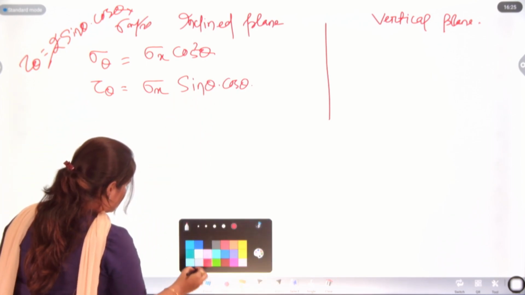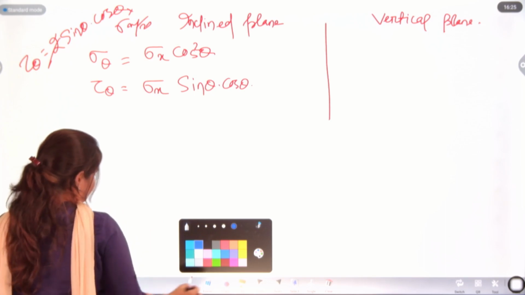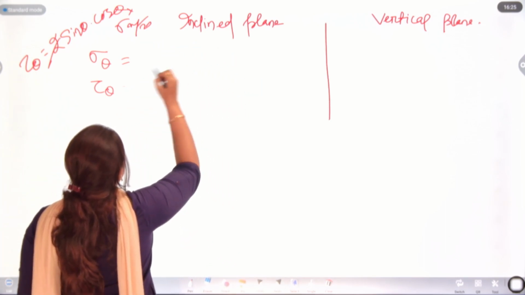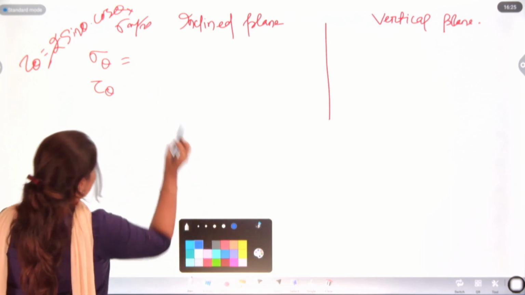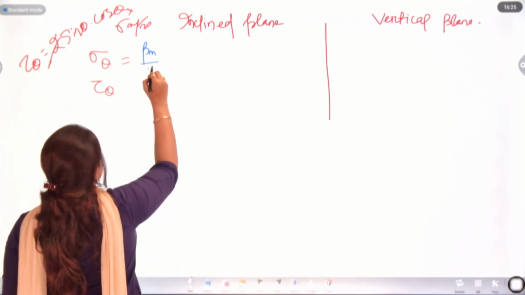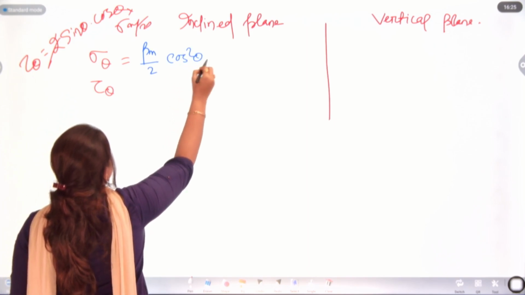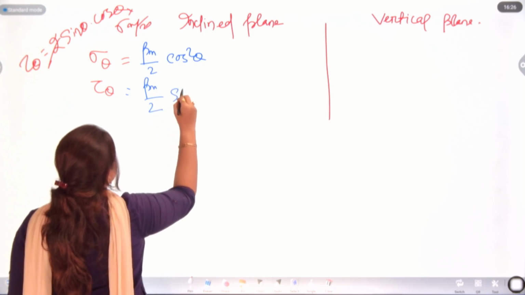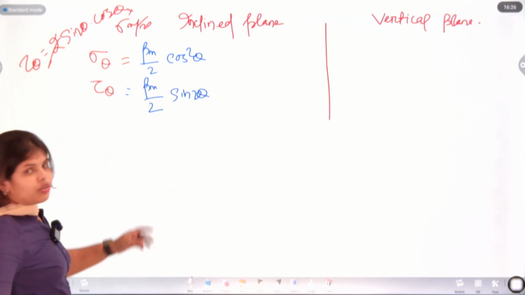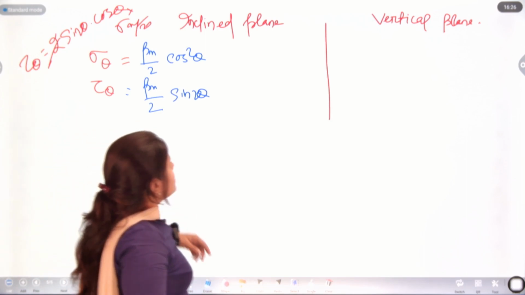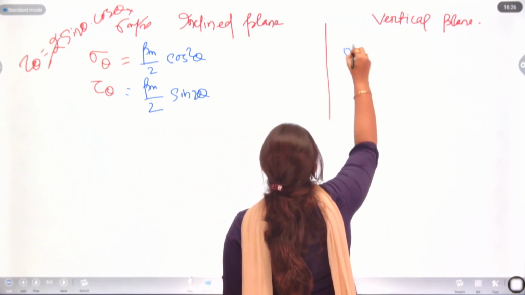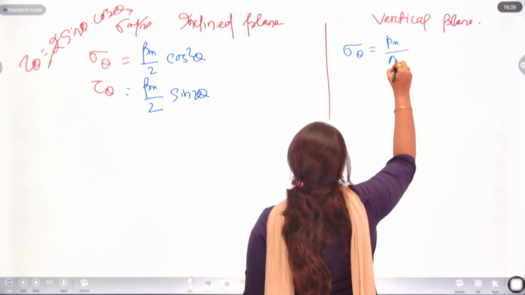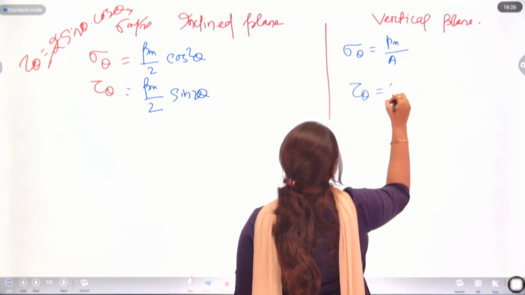We can take it as usual: Px by 2 cos square theta and Px by 2 sin 2 theta. It will be easy to find the angles. And for the vertical plane, sigma theta equals Px upon A and tau theta is 0.